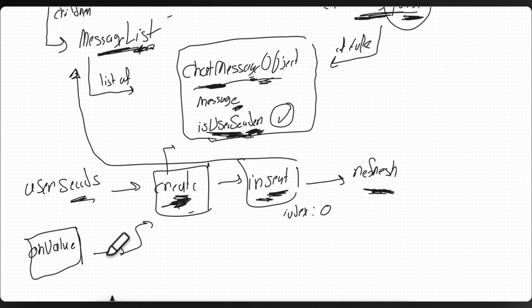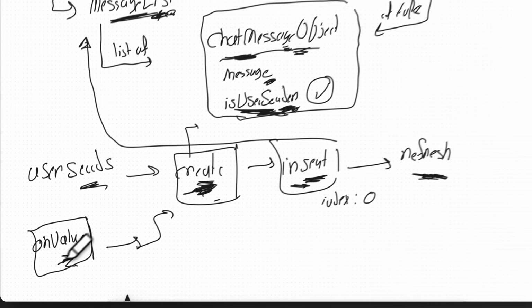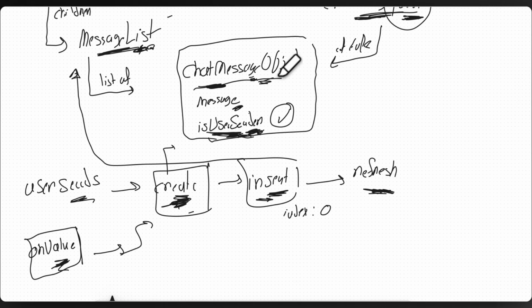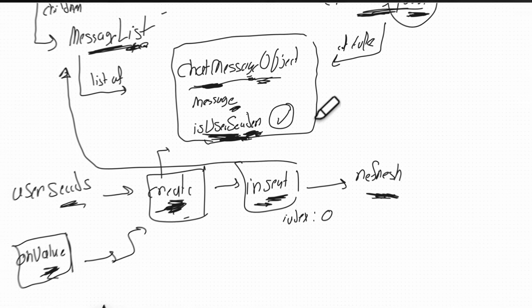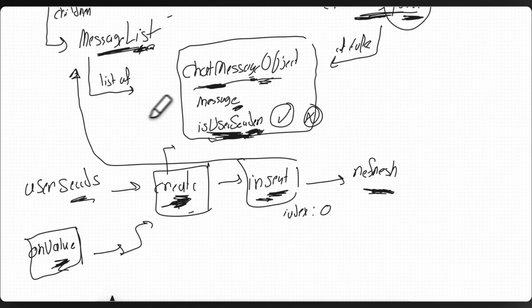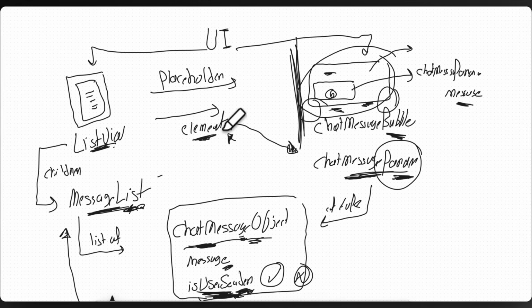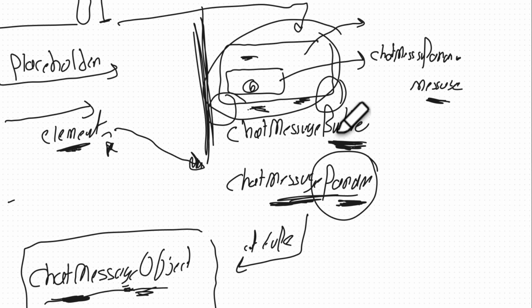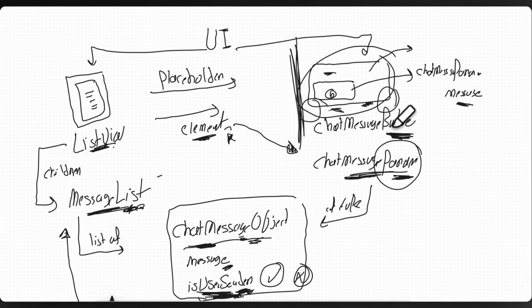But for the logic built inside onValue, when we create a new chat message object, we set is user sender to false. And this is how we store the objects. Each one will have its own Boolean value, whether it's from the user or from ChatGPT. And then the logic you have in the bubble automatically handles both scenarios.